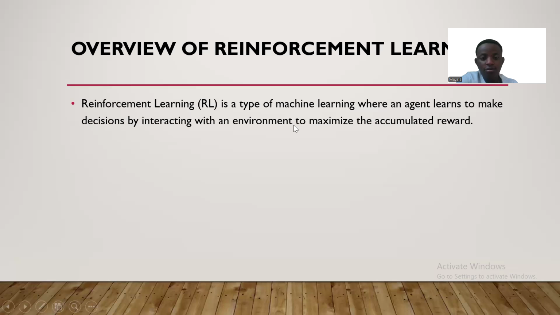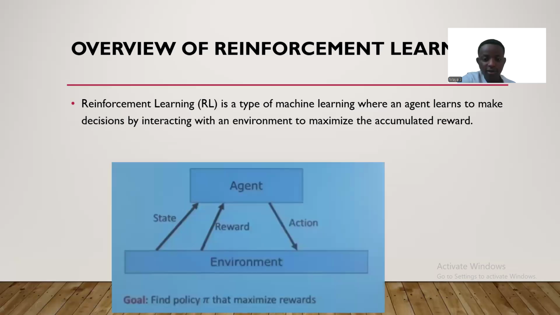Looking at how reinforcement learning works. Here we have an agent, we have an environment. As we've said, the agent takes action, and the environment rewards the agent based on this action and the state the environment was in.